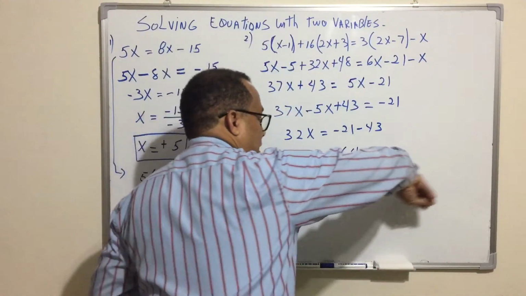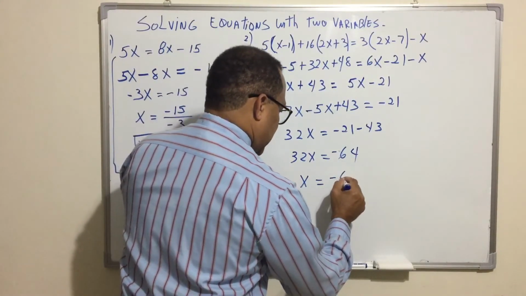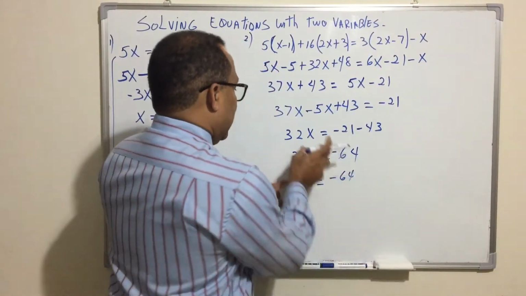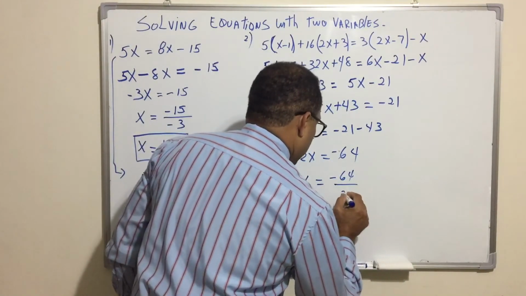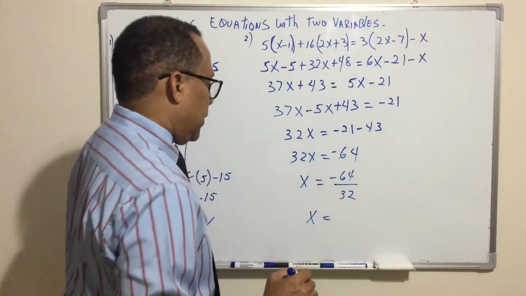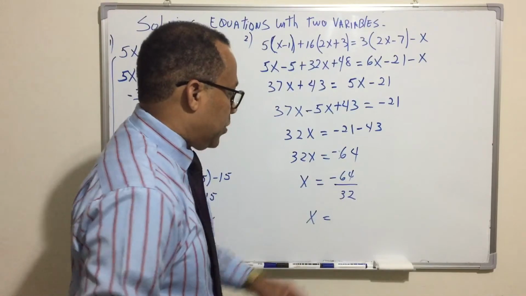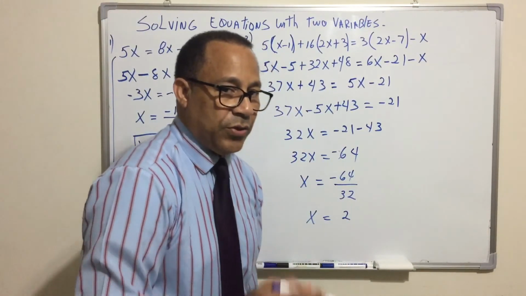It goes dividing to the right side. So this will be, bring down the negative 64 first, and then move the 32 to the right. It goes dividing, 32. X equals 64 divided by 32 equals 2. Because 2 times 32 equals 64.